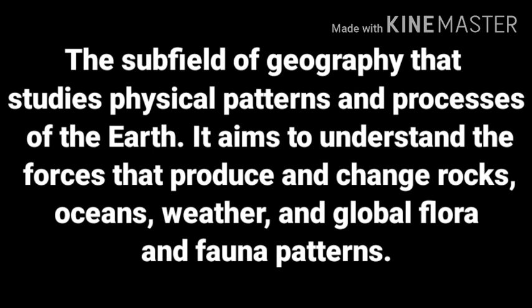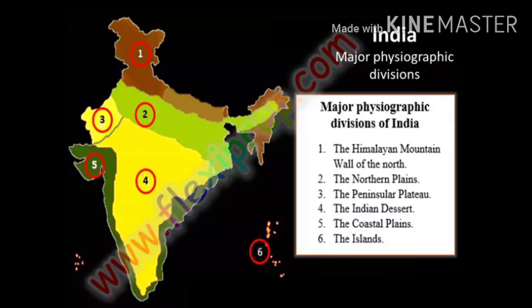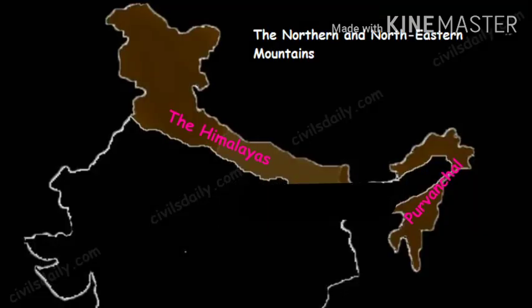So here the physiography of India is divided into 6 parts: the northern and northeastern mountains, the northern plain, the peninsular plateau, the Indian desert, the coastal plains, the islands. So first we will see our first topic, the northern and northeastern mountains.